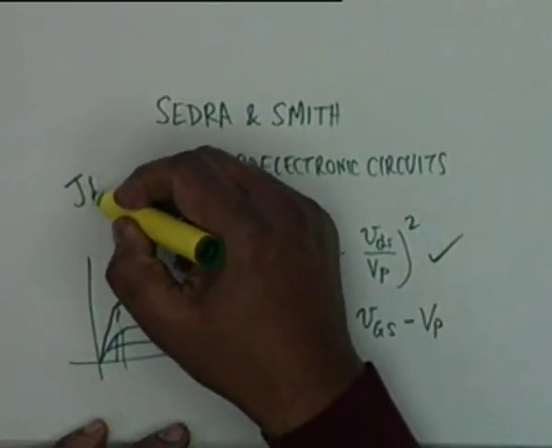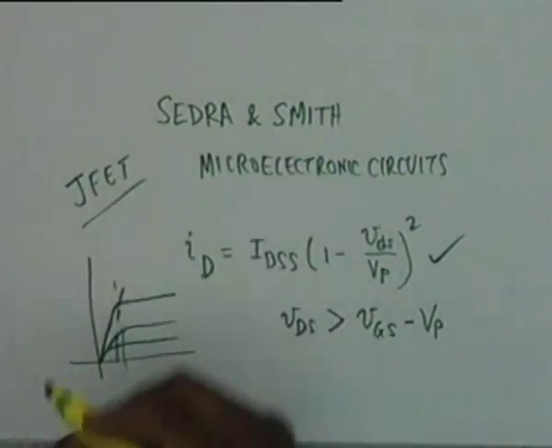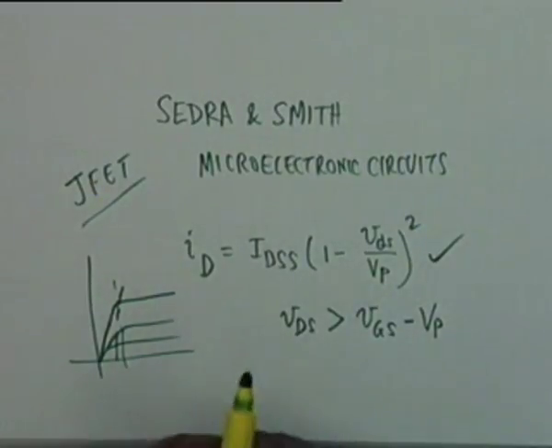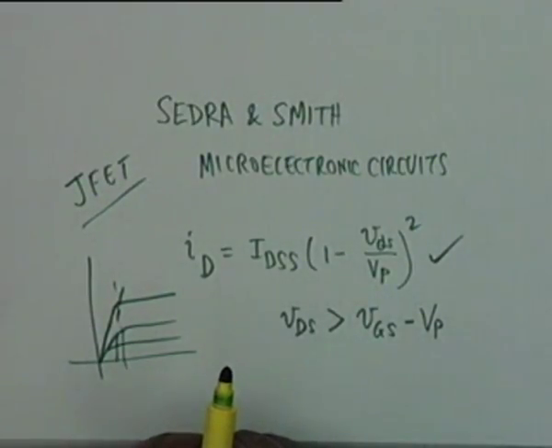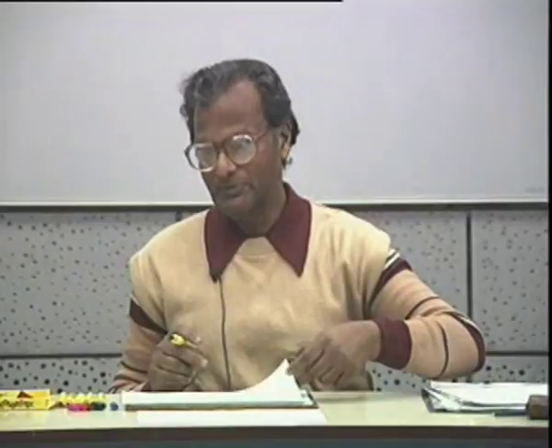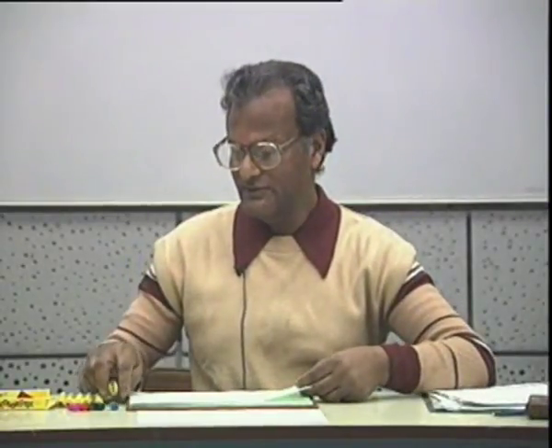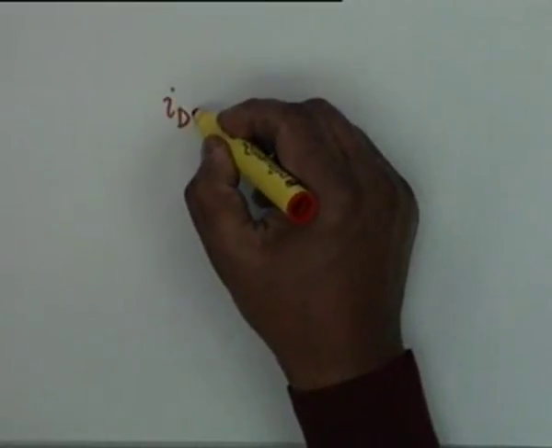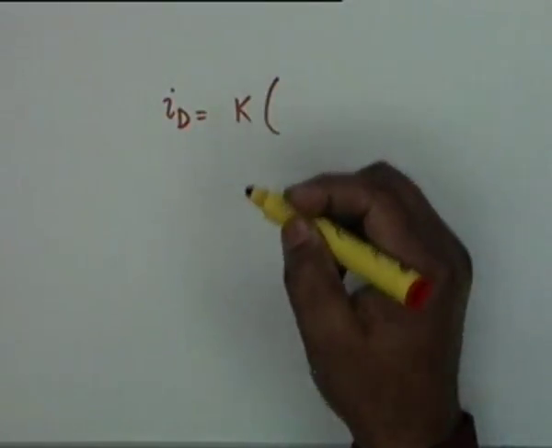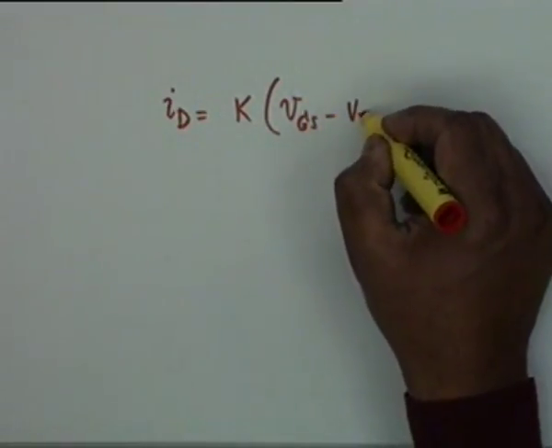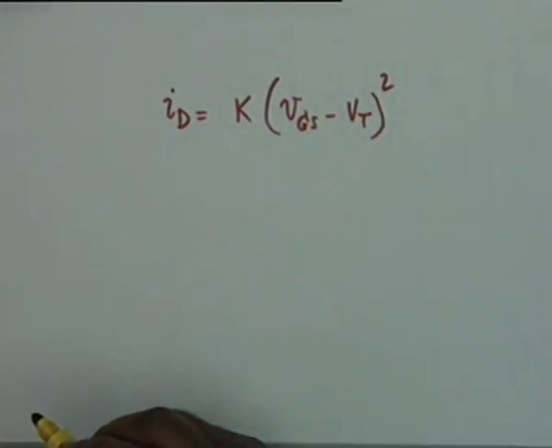This was the story for JFET, junction field effect transistor. Well, the story is quite similar with the MOS transistor also, and I just want to mention this relationship before I go to solve the problems. In the junction FET and the MOSFET, for some reason the relationship is written as K multiplied by VGS minus VT whole squared.